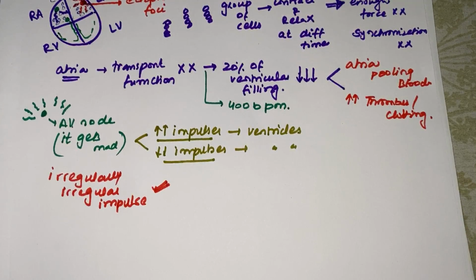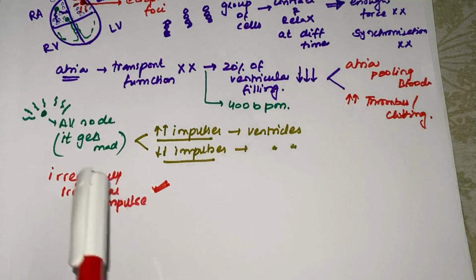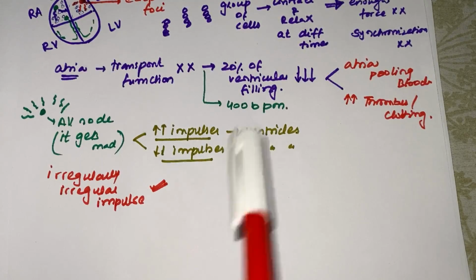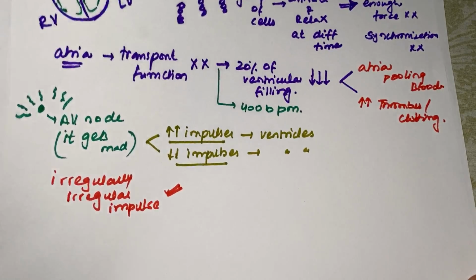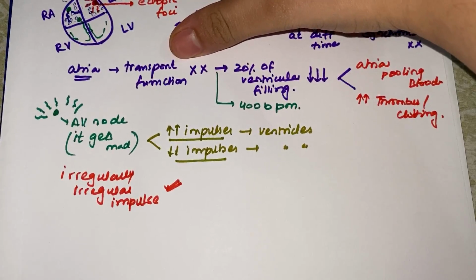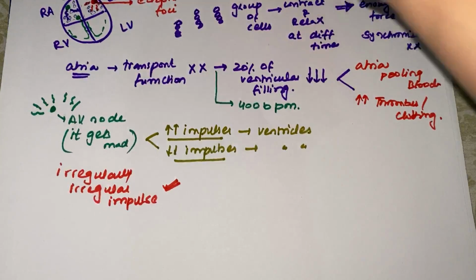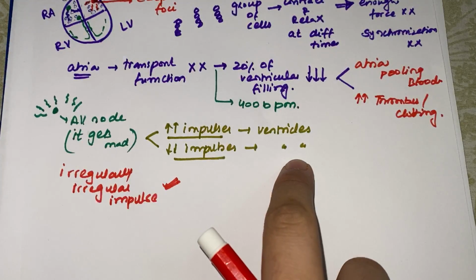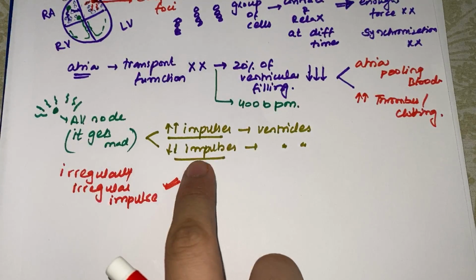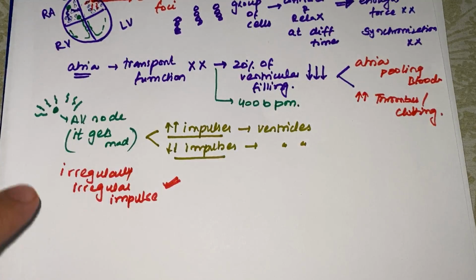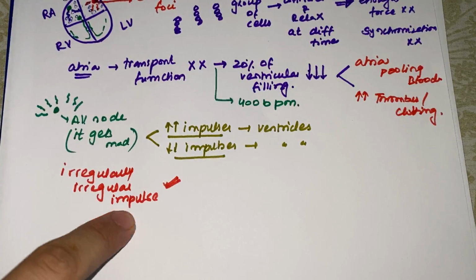Okay, now why is it called irregular impulse? First of all, impulses are irregular. They are now coming at a higher rate than normal as they were coming before. So irregular impulses will come to the ventricles, and secondly, they are coming at irregular intervals in an irregular manner. So it is called irregular impulse.